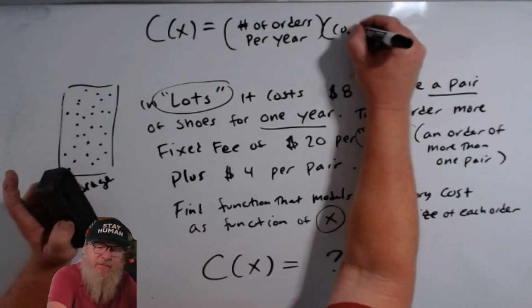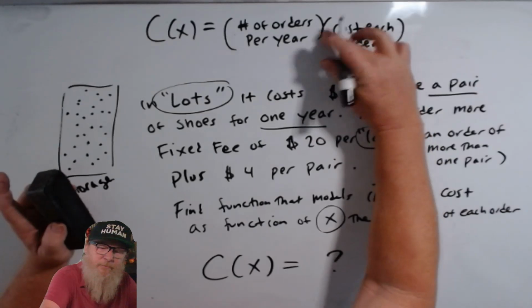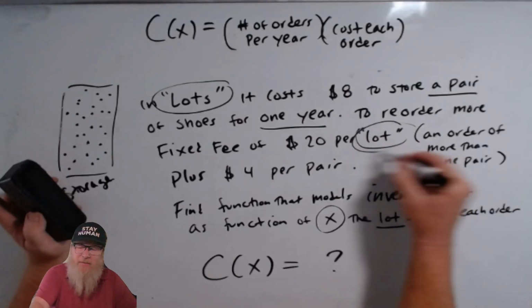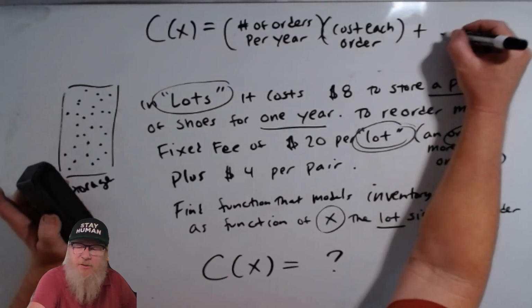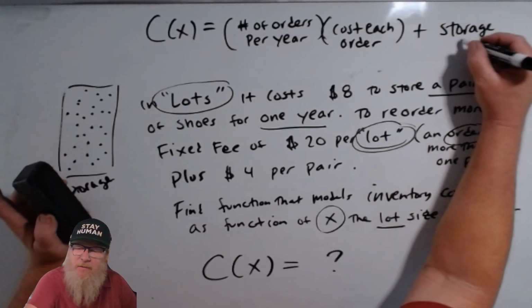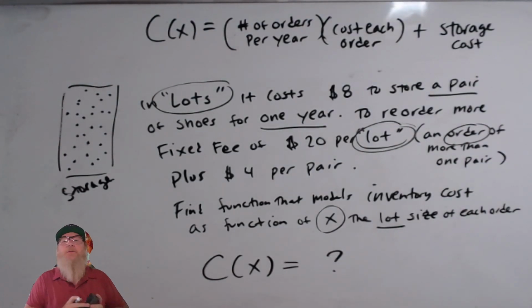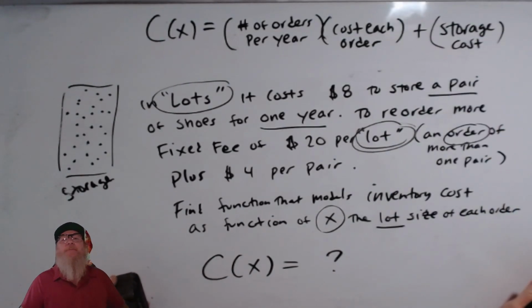Times the cost of each order, or the cost of each lot. A lot is just an order. Plus the storage cost. All right, put parentheses around that too.